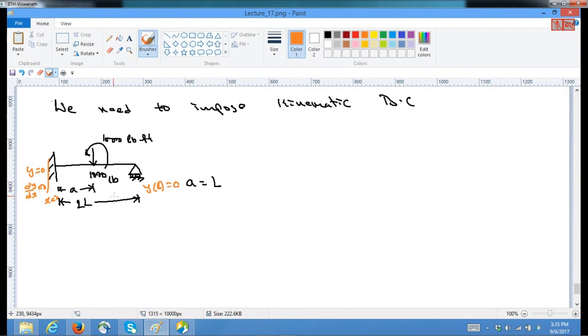These are the boundary conditions. So y of 0 is equal to 0, y of L equals to 0, and dy by dx at 0 is equal to 0. These are the boundary conditions which we have to set.